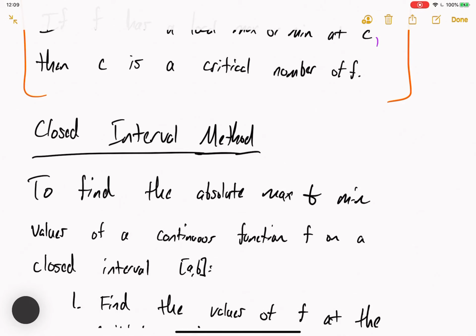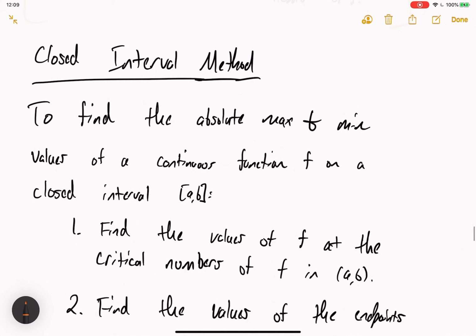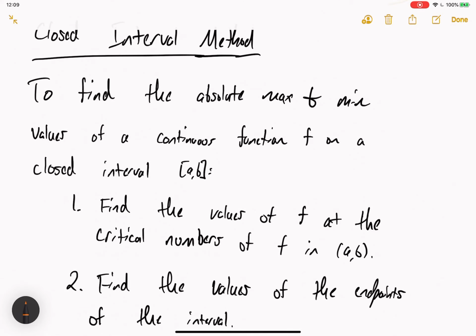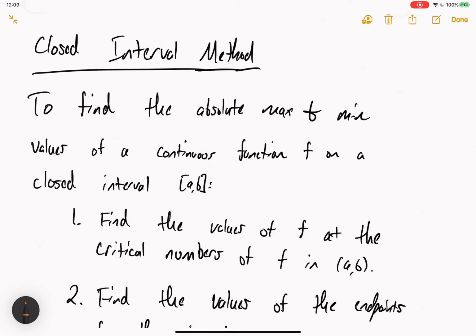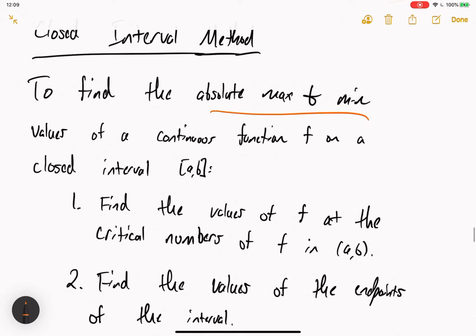So we have this thing called the closed interval method, which allows us to identify maximum and minimum values pretty nicely. It's basically an algorithm that allows us to find absolute max and absolute min values of a continuous function on a closed interval [a, b].